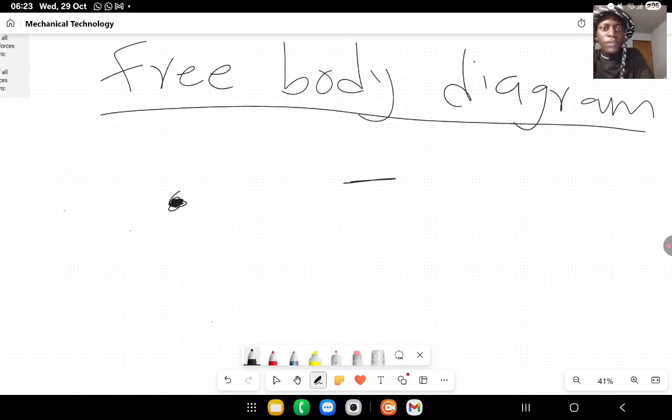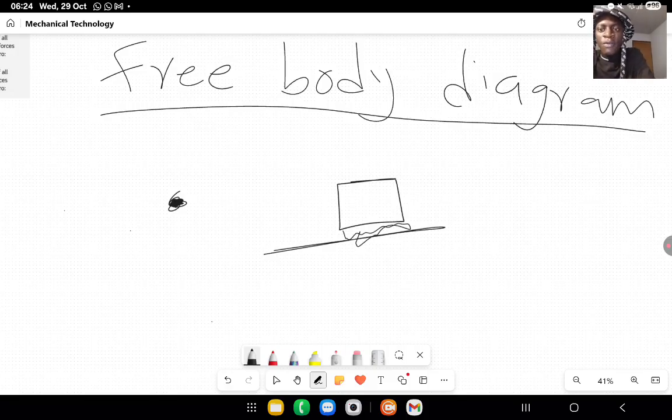Let's say we have an object like this. This is the surface, and the object is in contact with the surface. Then they say draw the free body diagram. That means we have to provide all forces acting on this object.